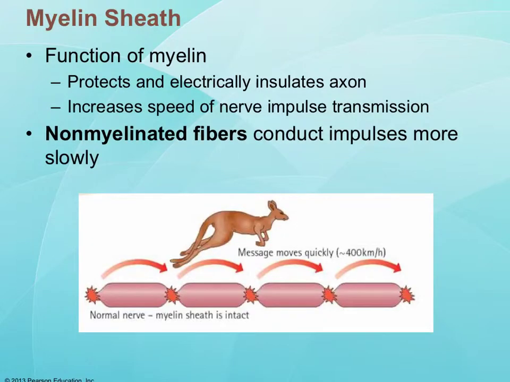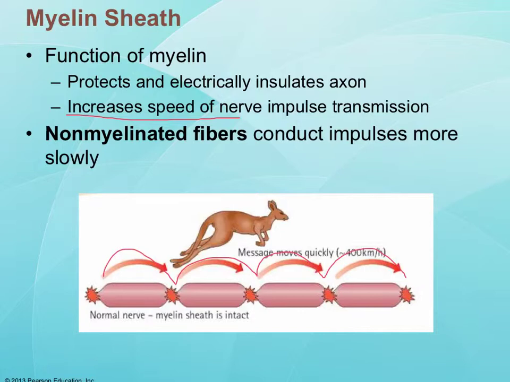The myelin is very important for the axon, so it protects and insulates the axon, and also a very important thing is it increases the speed of the nerve impulse. So the action potential can jump just like the kangaroo here, and jump, making the transmission faster.